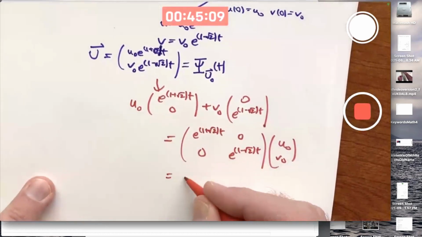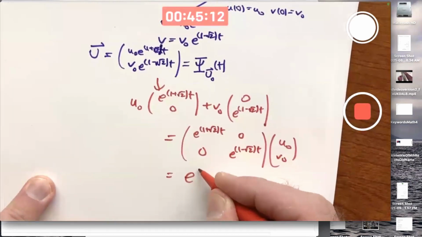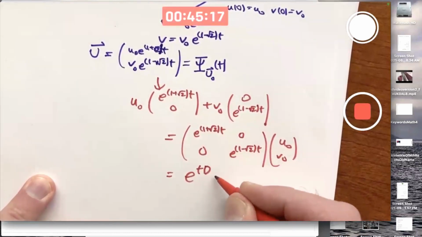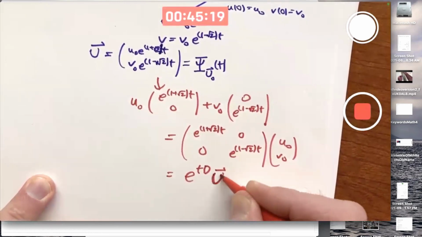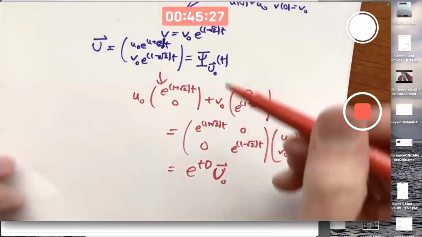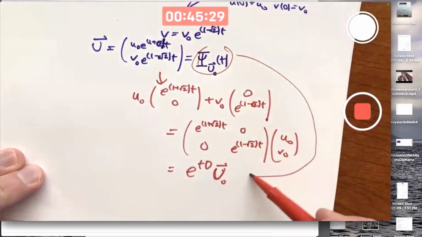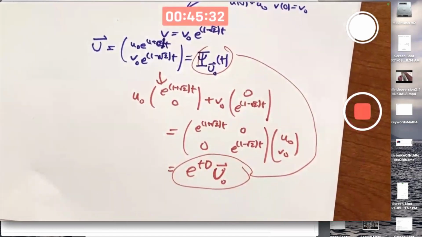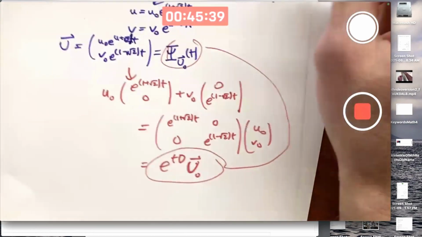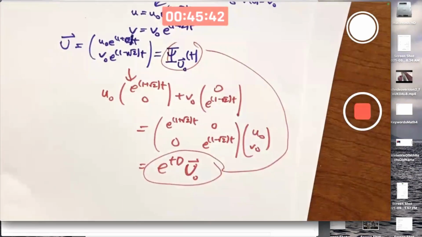And this is the matrix exponential of the matrix tD times the initial condition vector U0. And that is the beautiful generalization that this solution can be represented in this way. And if you don't believe it, you can have Mathematica confirm it. Go ahead and keep writing. I'll go to Mathematica in about 30 seconds here.